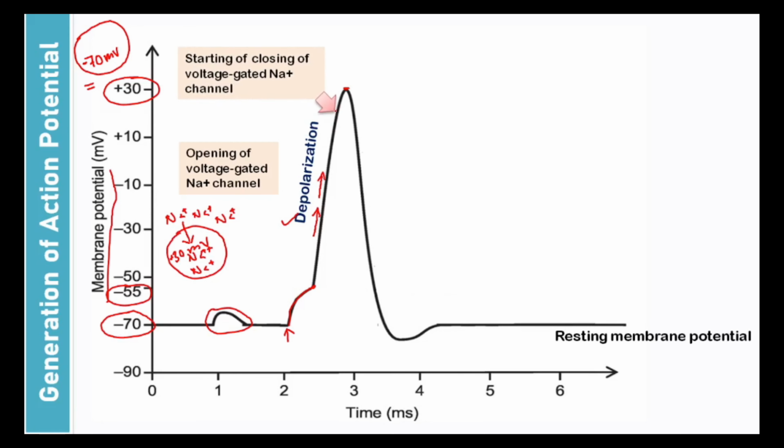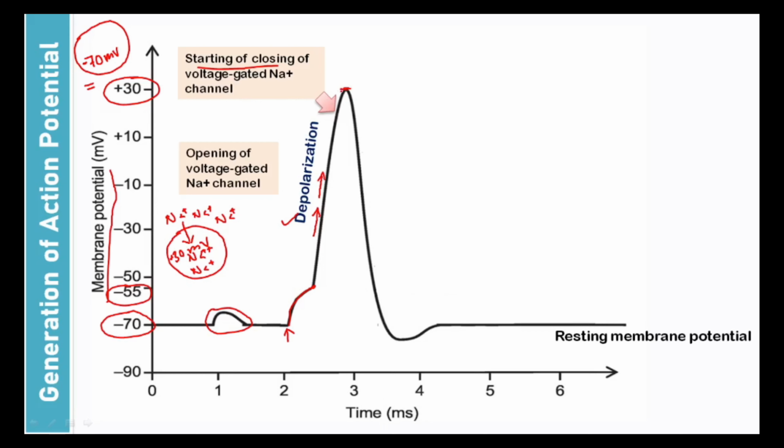When the membrane potential is about to reach plus 30 millivolt, the voltage gated sodium channels start closing, so the membrane potential does not cross plus 30 millivolt.